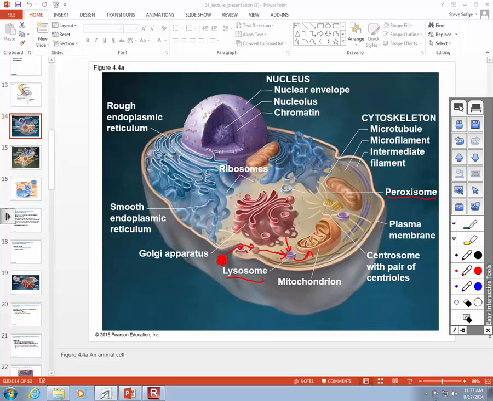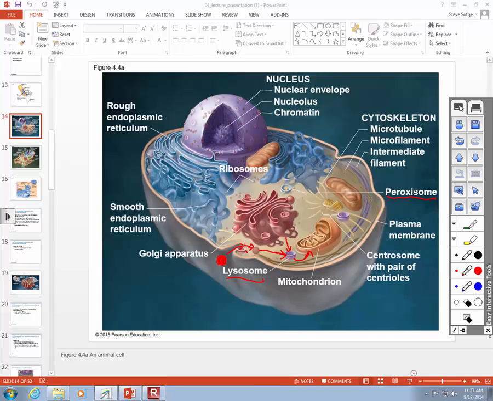So we make something that can surround that hydrogen peroxide, and then we can really use a lysosome to diffuse it at the peroxisome. So we can destroy that also.